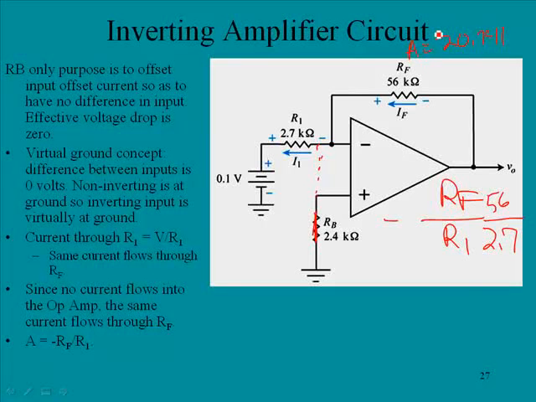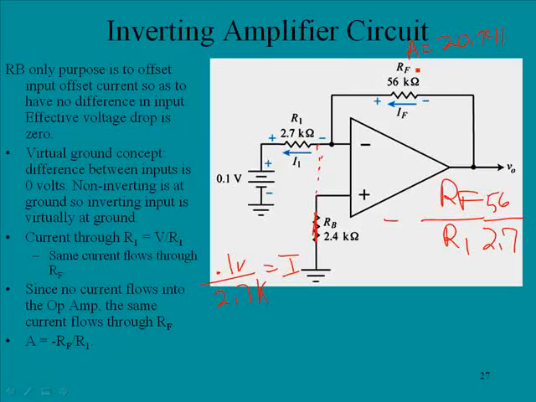Now again, we can calculate using Ohm's law. In this case we could say 0.1 volt divided by 2.7 K will yield a current. That current will be felt through this component, and the voltage across this component will be our output.